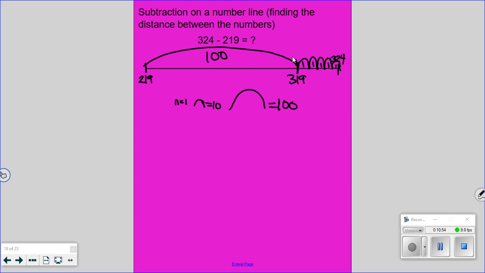Mason, what'd you get? 104? Why don't you count those 1 hops one more time? Oh, 105. So the difference between 324 and 219 is 105. There's 105 numbers in between 324 and 219.